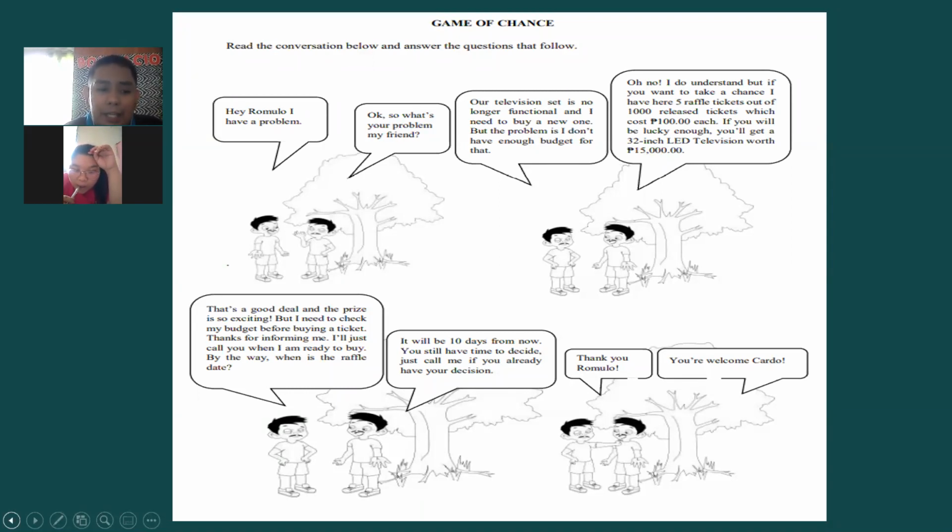What if dumating tayo sa game of chance? Kung saan pwedeng maging negative or positive ang sitwasyon. Kapag lahat positive, so that's mean. Kunyari ay rolling the dice. Normal lang, pare-pareho. Lumabas ang 1, 2, 3, 4, 5, 6. Walang mawawala sa'yo. Then the mean will be our expected value.